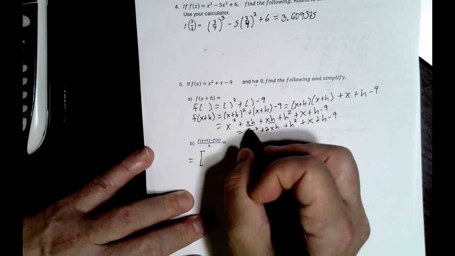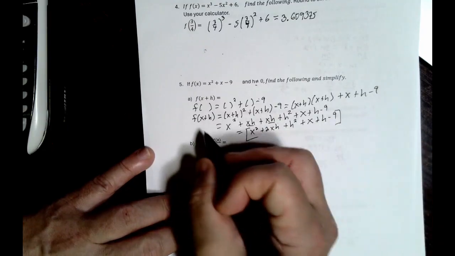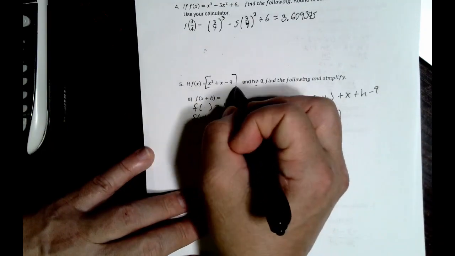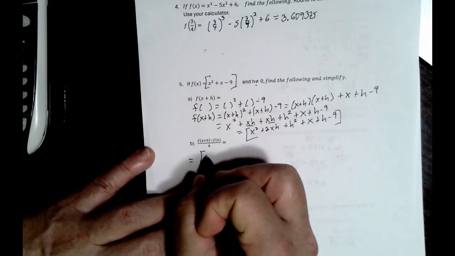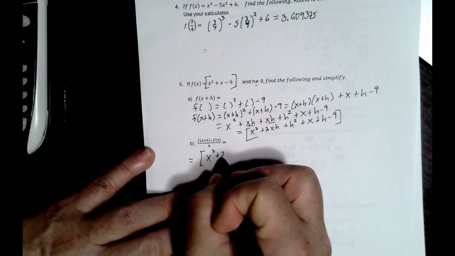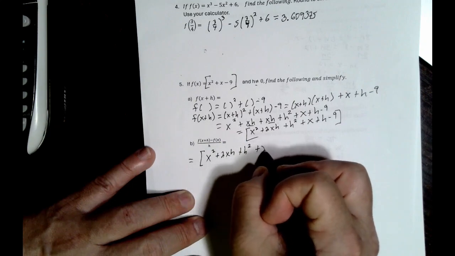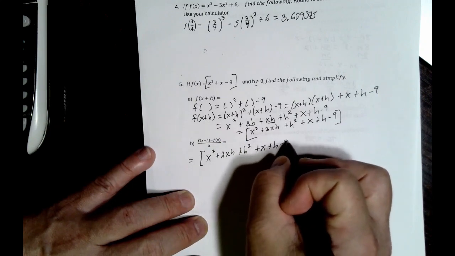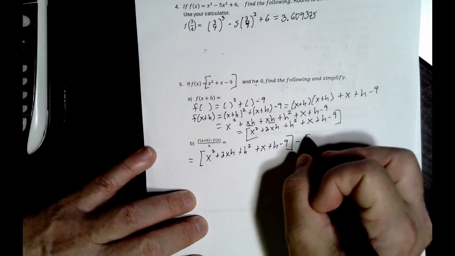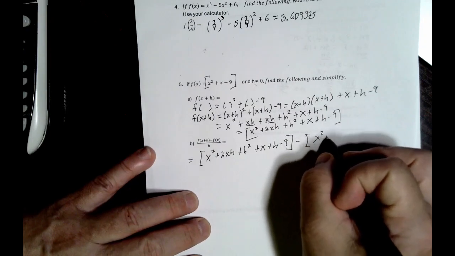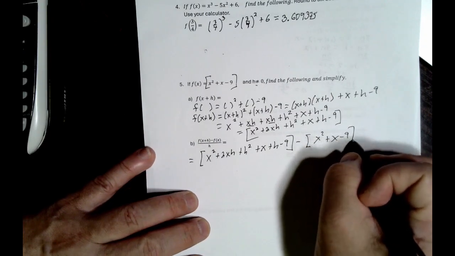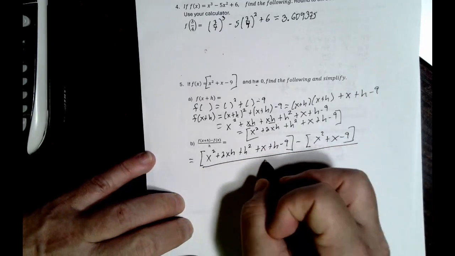It means this larger guy here minus the original guy there. So the larger guy here, x squared plus 2xh plus h squared plus x plus h minus 9. Subtract the original function, x squared plus x minus 9, all over h.